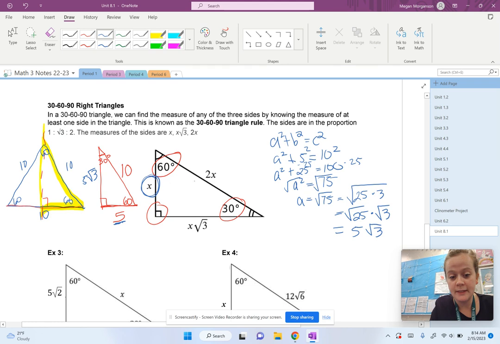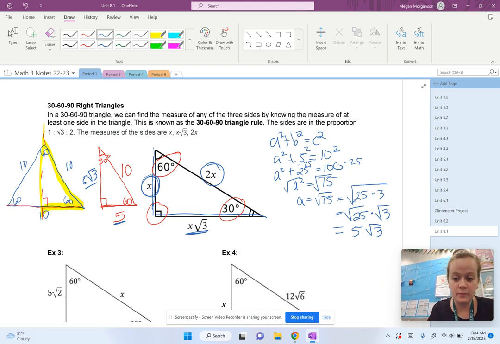Over here short leg is x, hypotenuse is 2x. And then the long leg, so this is short leg right here, this is long leg. Long leg is going to be x times root 3. So over here we've got 5 times root 3, x times root 3. That is the relationship between the three.